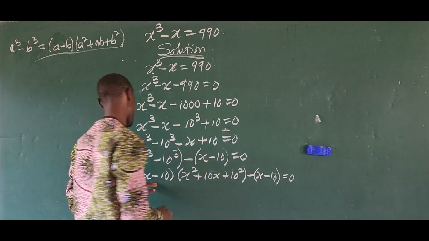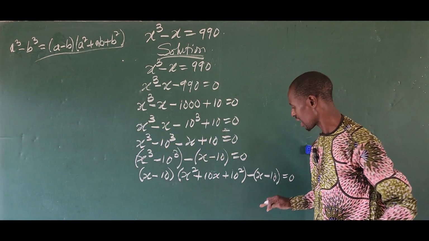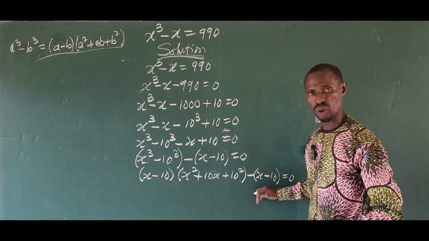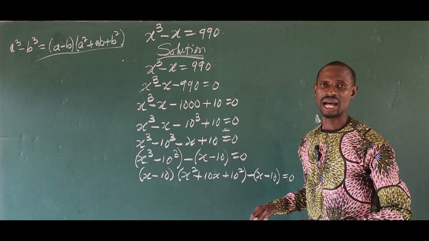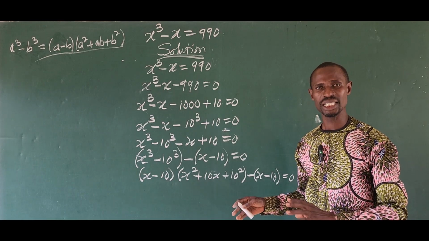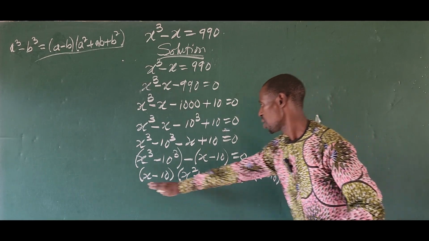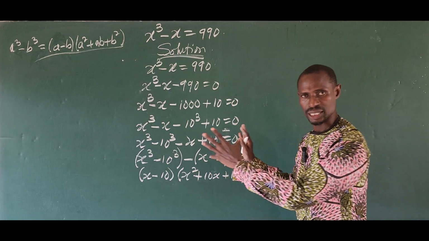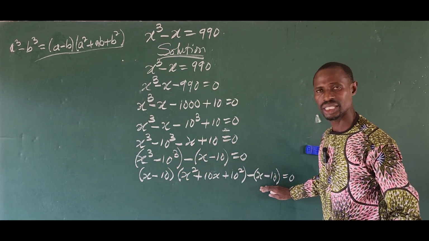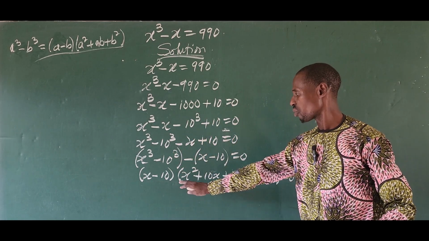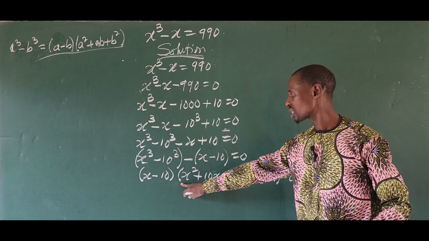So you discover we are having x minus 10 here, we are having x minus 10 here. So we just have to factor out x minus 10 from each quantity we have here, because we're considering the whole of this as a quantity on its own, and we are considering this as a quantity on its own. So we want to factor out x minus 10.